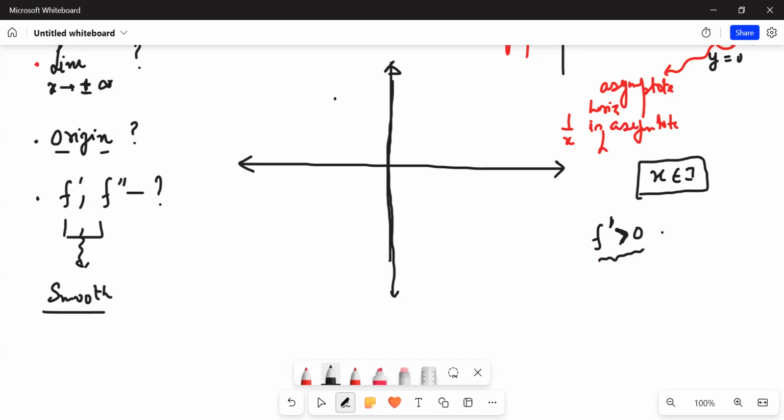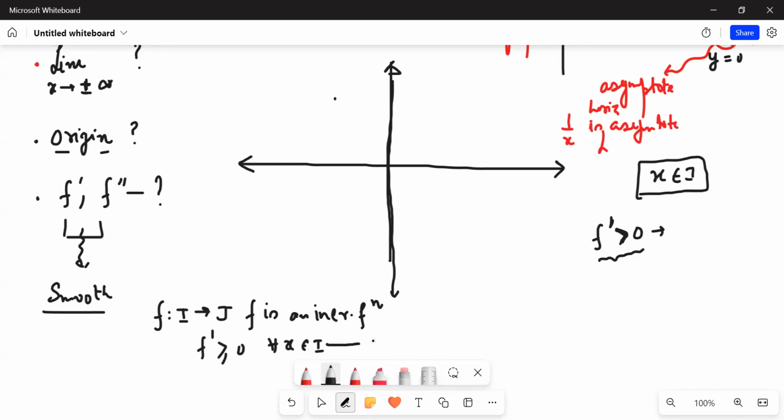For example, from your standard 12th class, if a function is defined on interval I to J and f is an increasing function, then f dash should be greater than or equal to 0 for all x belonging to I. This is how you characterize an increasing function on an interval.